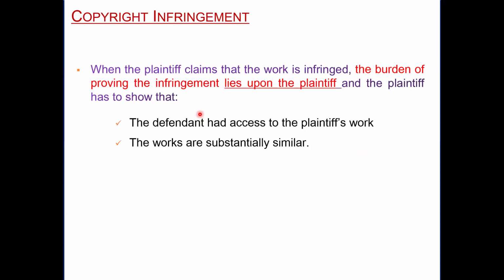The works are substantially similar, because the other person will always say, no, it came to my mind, I did not take from them at all. Coincidentally both our minds ran the same way, it is possible. You cannot question this. Two persons in two countries sitting and working, it is possible that both minds ran together. You cannot stop a human from thinking. And if two persons are thinking on the same boat, in the same way, you cannot stop them.